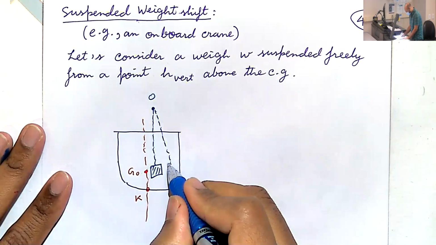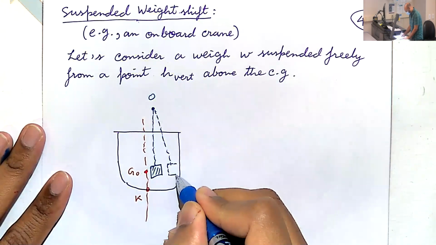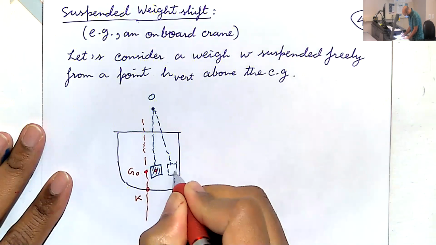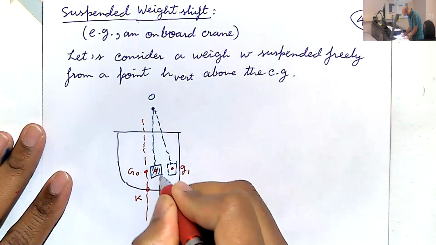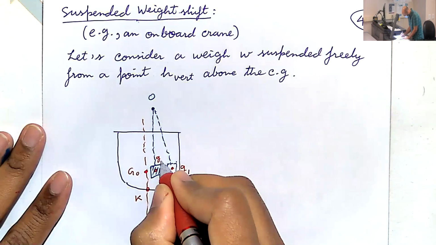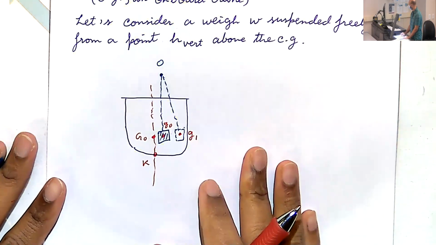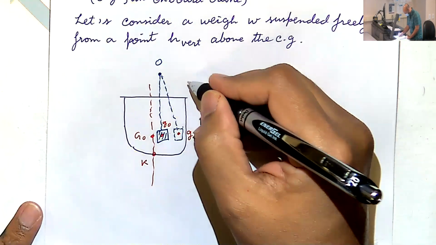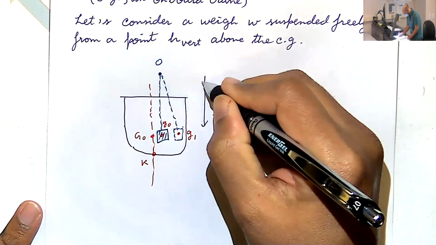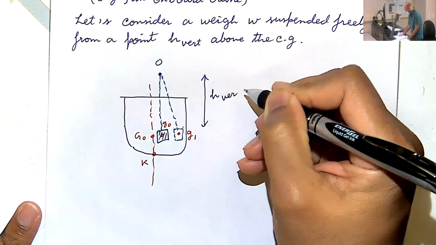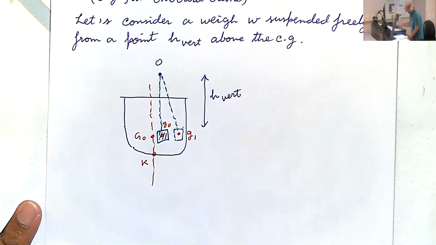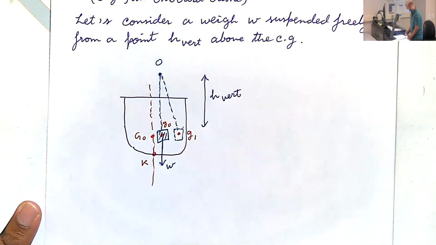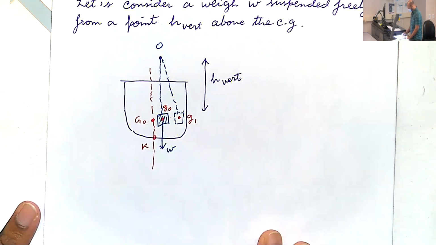So this cargo can shift slightly from side to side. This location we'll call G1 and that location we'll call G0. All right, and then we're told this vertical distance is H vertical. And the weight is little w.